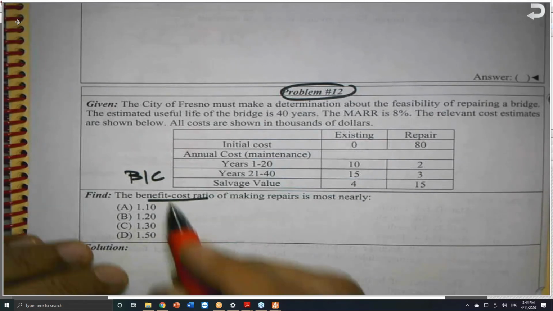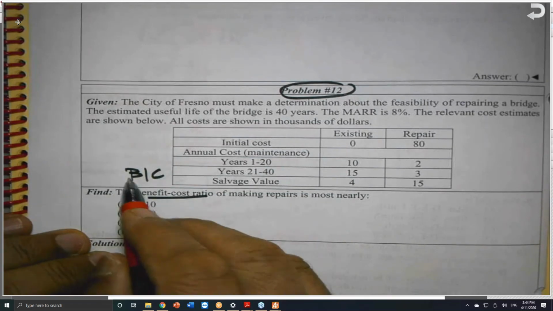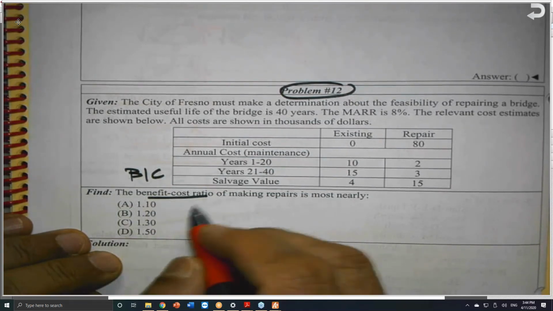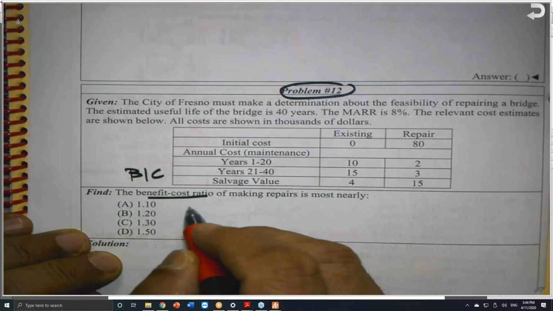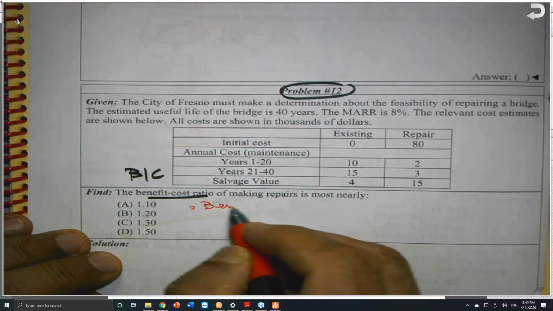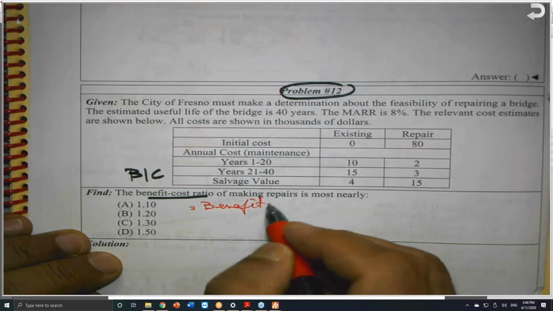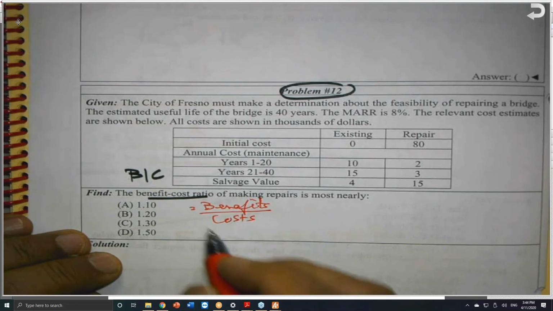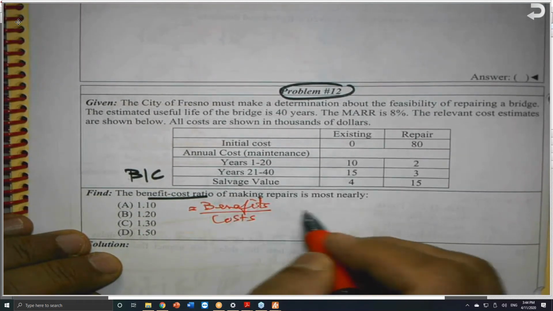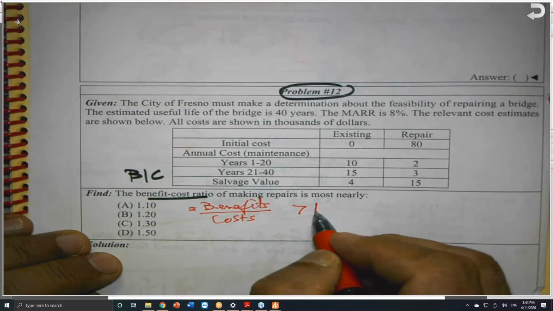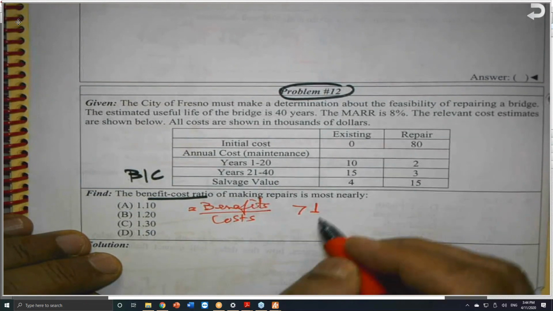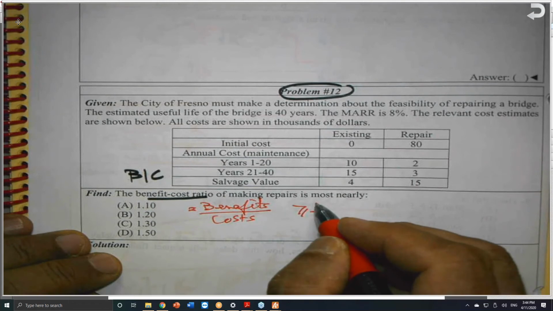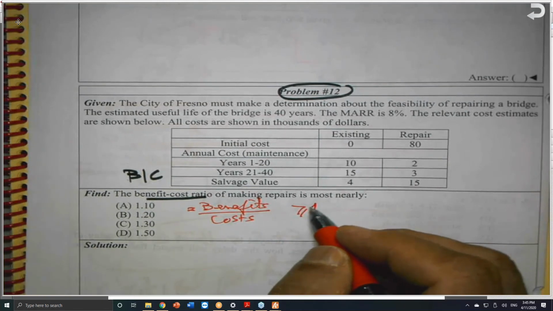So the benefit cost ratio is a ratio between the benefits and all the costs, and we divide them. If this ratio is greater than 1, that's good news. It should be greater than or equal to 1 for local and federal government and so on.